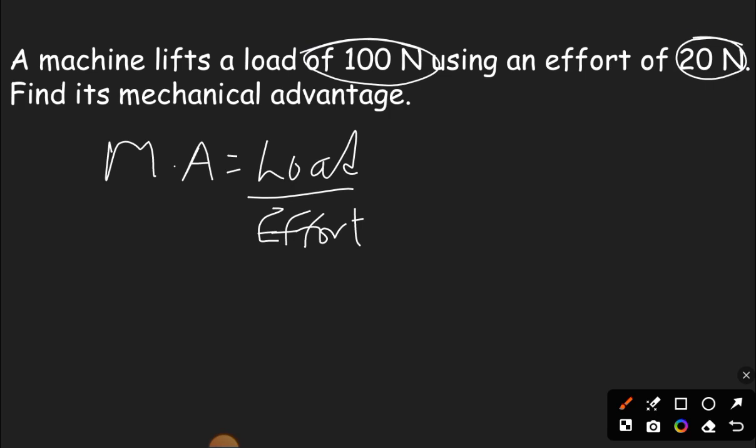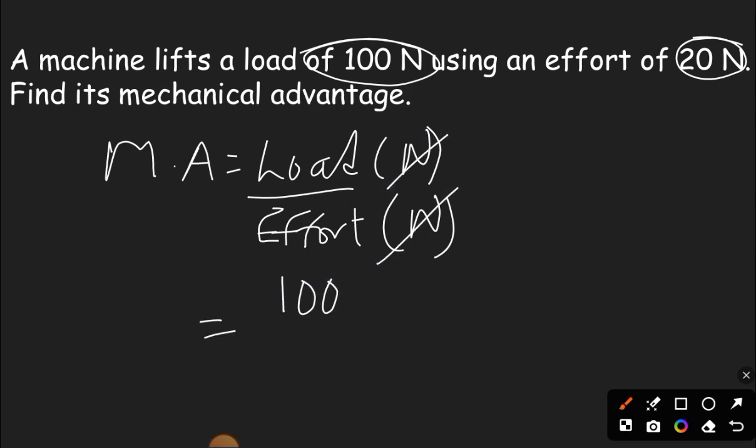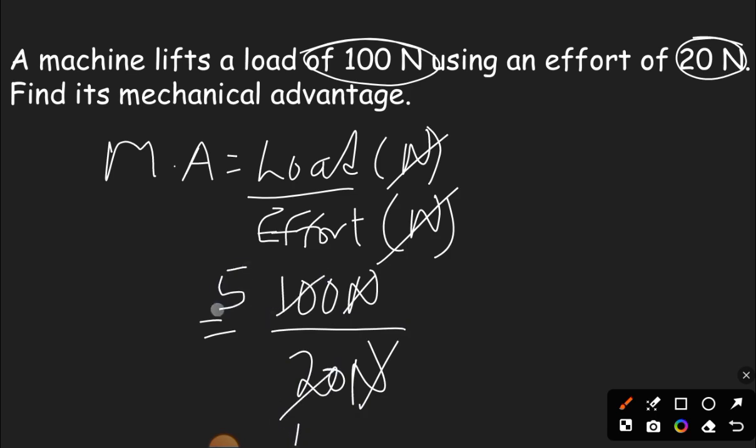Find its mechanical advantage. Now before we start, kindly take note that the load will be in Newton, effort will be in Newton. So mechanical advantage also has no units. So the load is 100 Newton and the effort is 20 Newton. So Newton cancels Newton. 20 here 1, 20 here 5. So our mechanical advantage is 5.